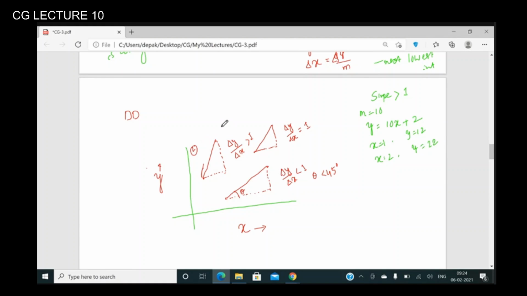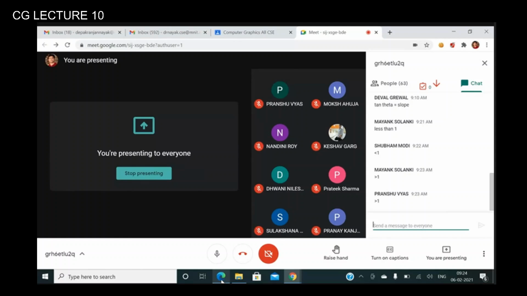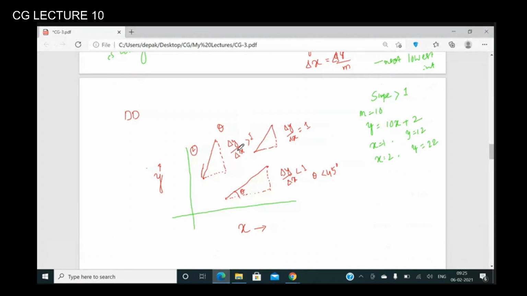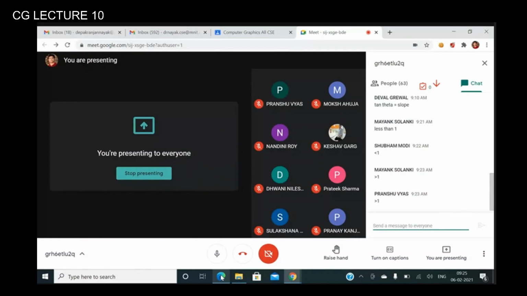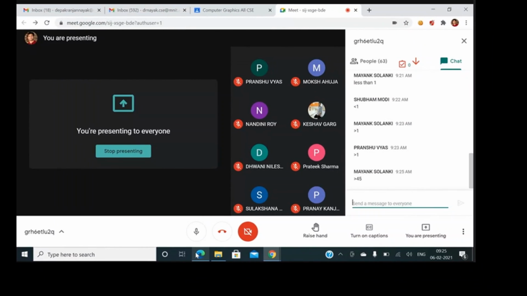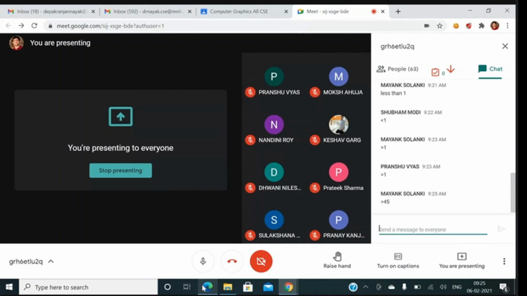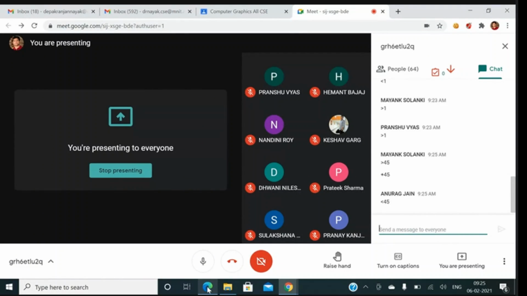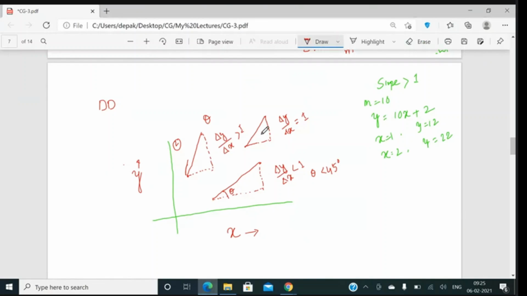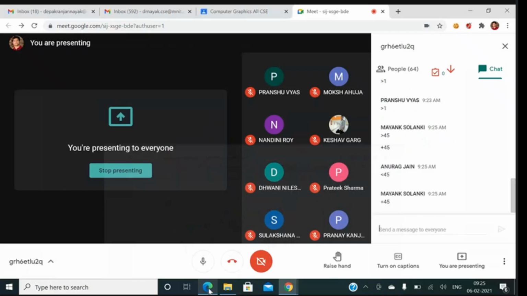In this case, who can say what my theta is? For the second case, my theta will be how much? And for the third case, when the slope is equal to 1.